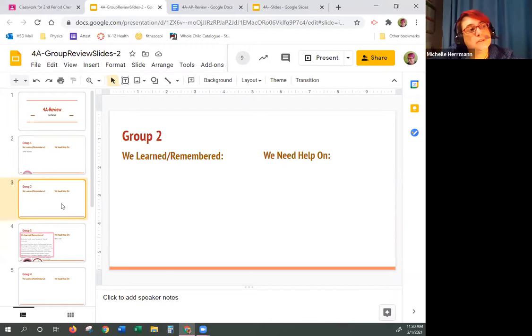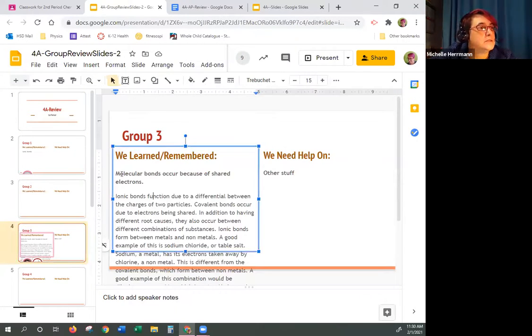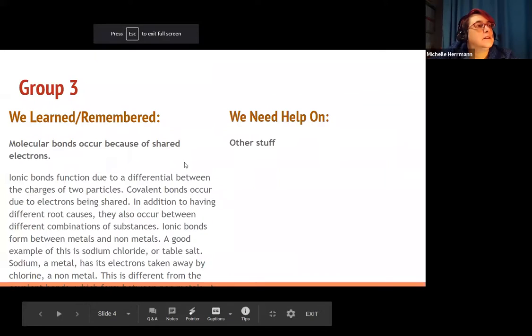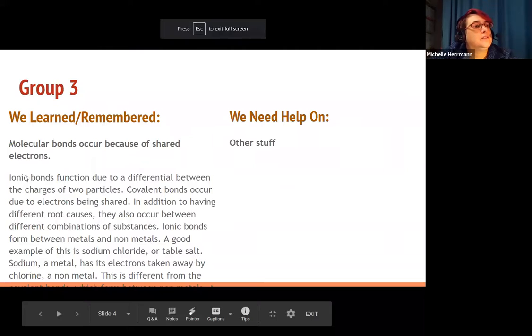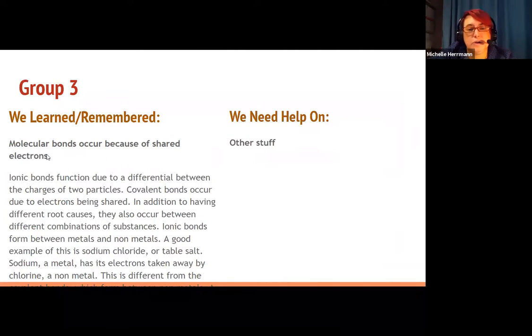Group 2 doesn't look like you jotted anything down, but group 3, oh my goodness. I'm going to have to make that really small to read it. Okay, so we have molecular bonds, shared electrons. So we know that elements become connected by either transferring electrons in an ionic bond or sharing electrons in a molecular bond.